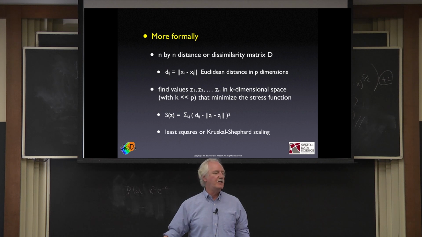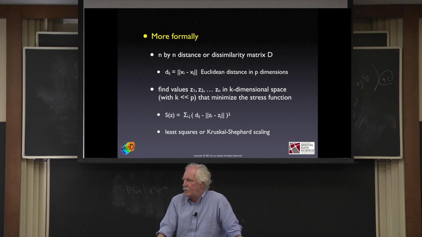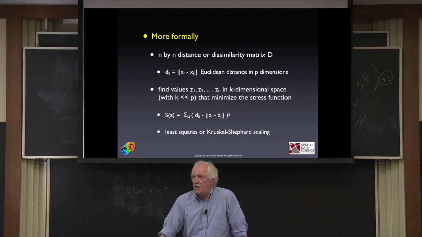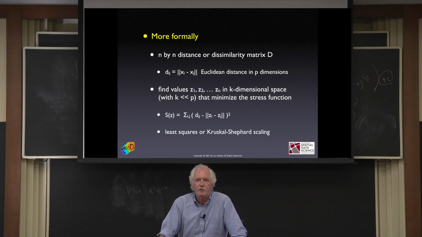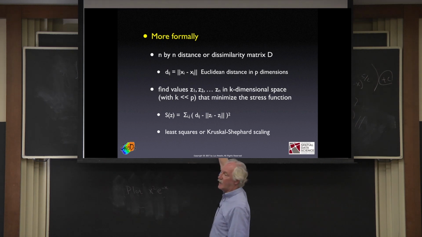We have d_ij, which is the distance in p dimensions, where p can be as large as it can be, because all it is is a sum of square deviations. So it's very easy to compute. But then given that distance, the d_ij, in p dimensions, there are coordinates in 2 dimensions, z_i and z_j, that give us a solution to this problem.